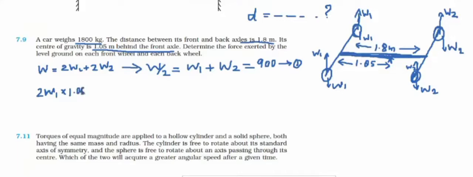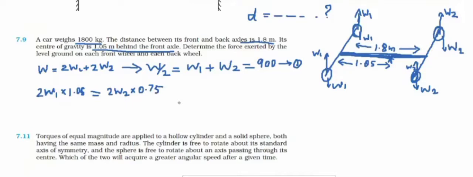That is the torque acting in the front part is equal to 2W2 into 0.75, the torque on the back wheels.